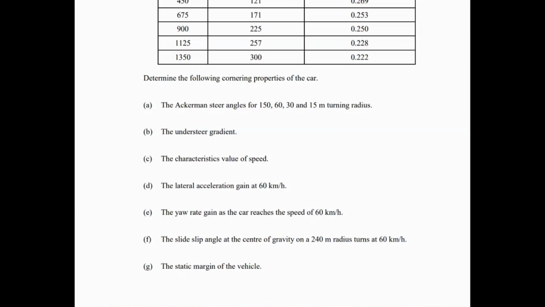You can refer to your lecture notes regarding chapter number 6, steady state cornering. So to solve the Ackermann angle, for example, with the 15-meter turning radius, this is the formula.